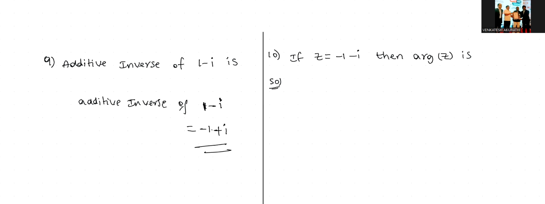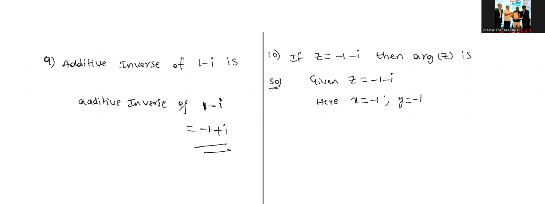And the next problem: if z is equal to minus 1 minus i, then the argument of z is dash. Given z is equal to minus 1 minus i. Here x is equal to minus 1, y is equal to minus 1.